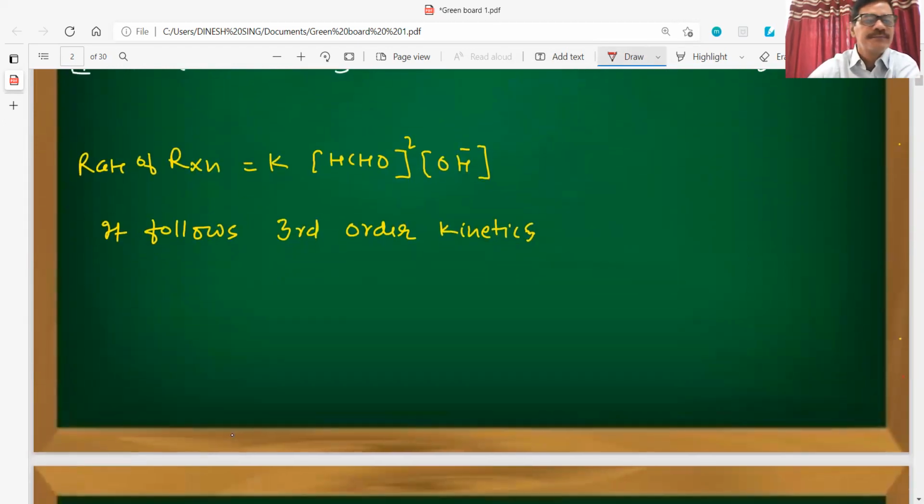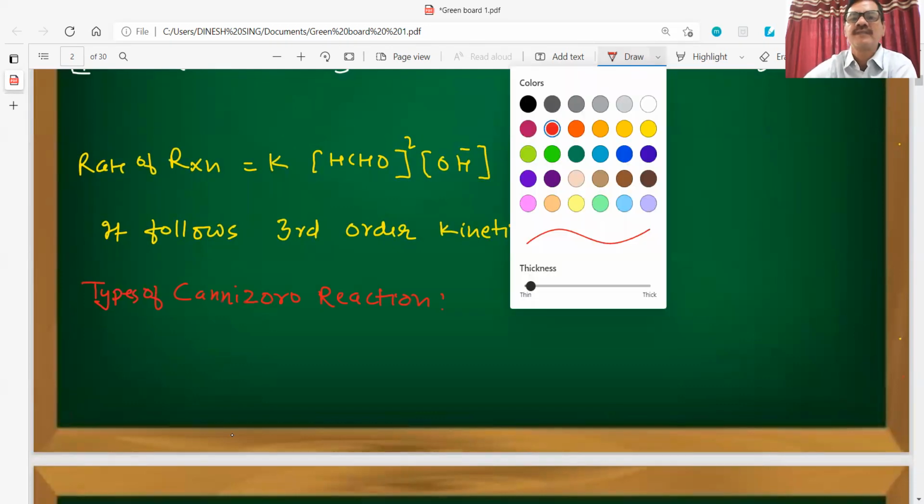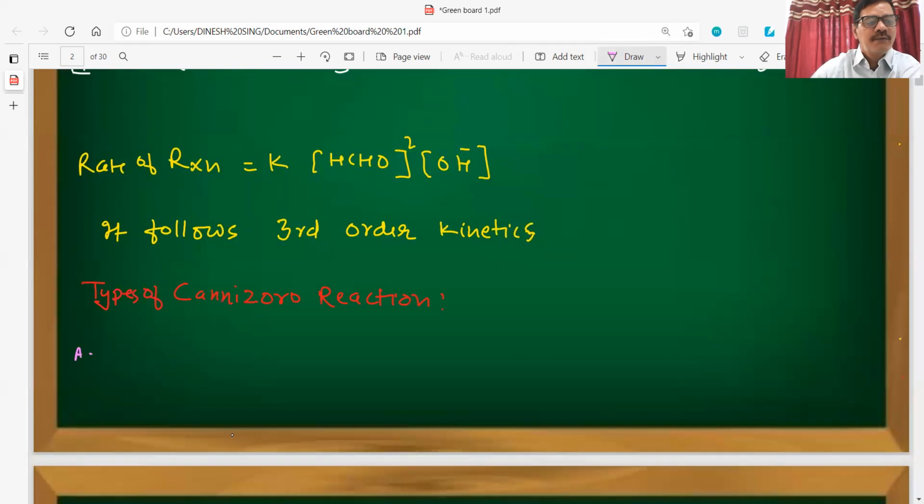Now we will talk about different types of Cannizzaro reaction. It is of 3 types. One type we have already discussed, that is the first one, self Cannizzaro reaction.